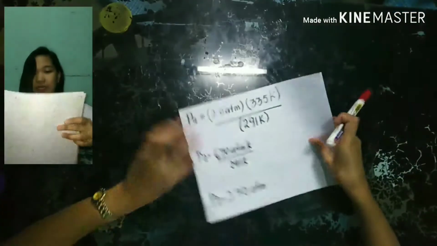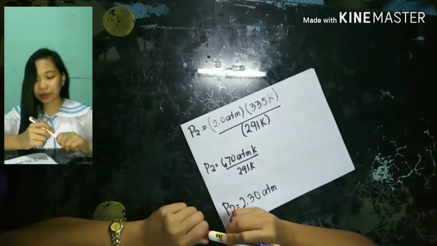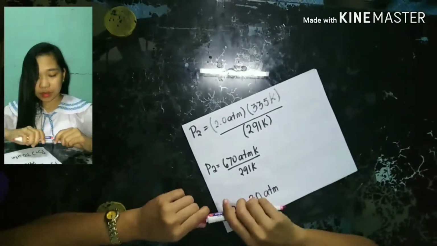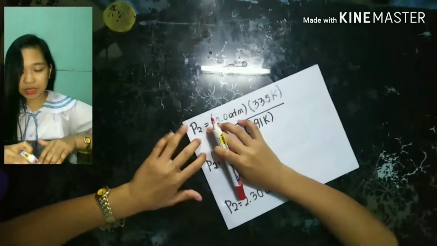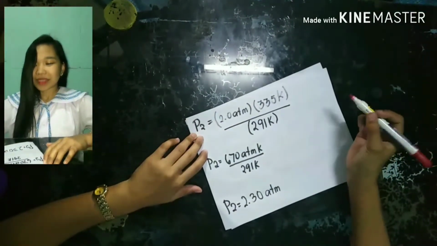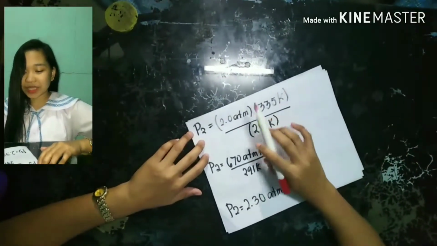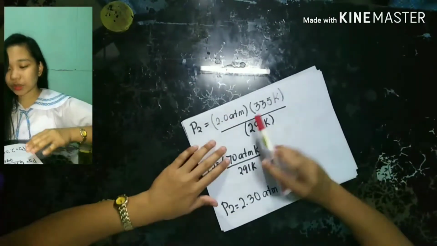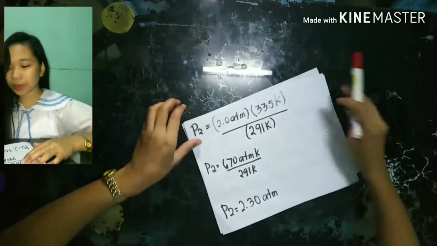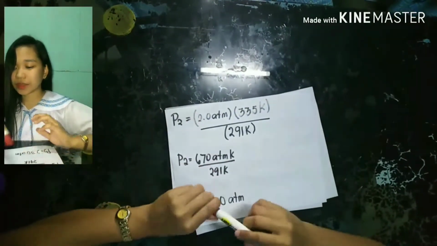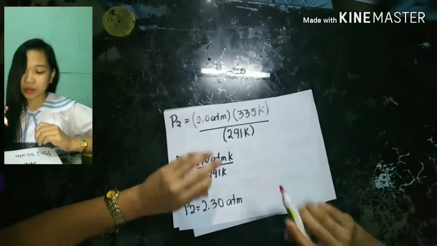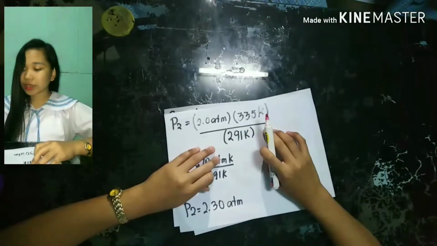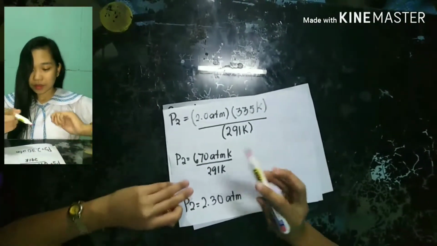We remove the given numbers. Final pressure is equal to 2.0 atmospheres multiplied by 335 Kelvin divided by 291 Kelvin.